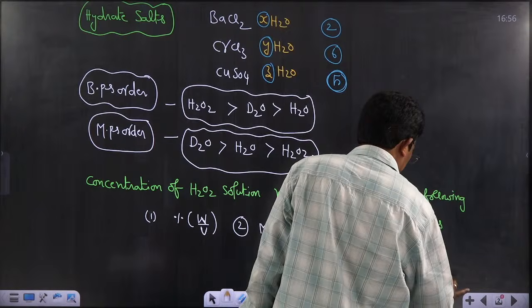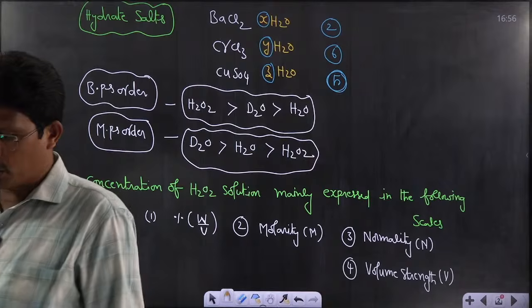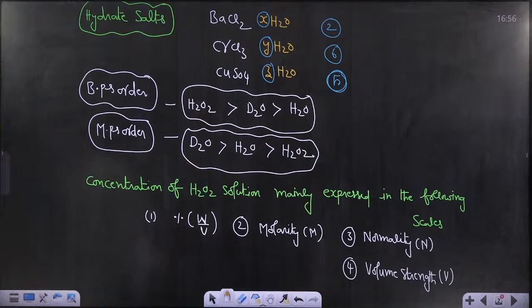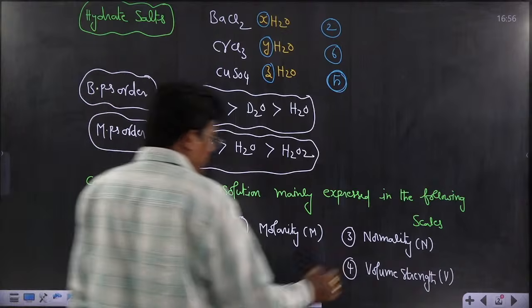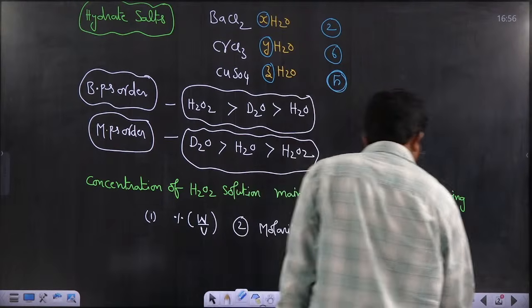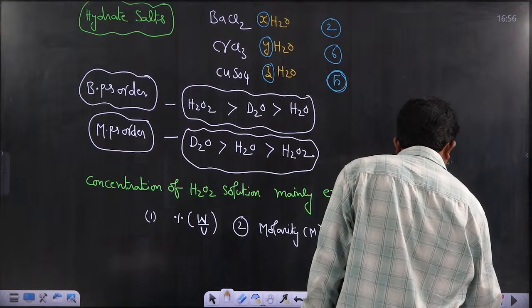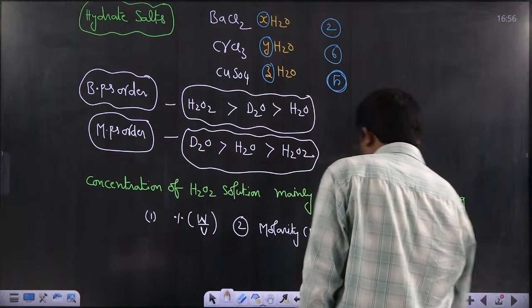Volume strength V. These are all the different scales used to express the concentration of H2O2 solution. Volume strength is nothing but V. Molarity M. These are all related.